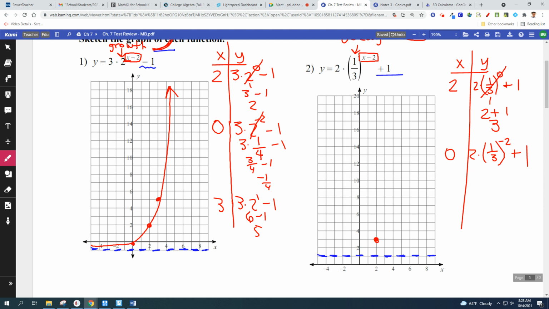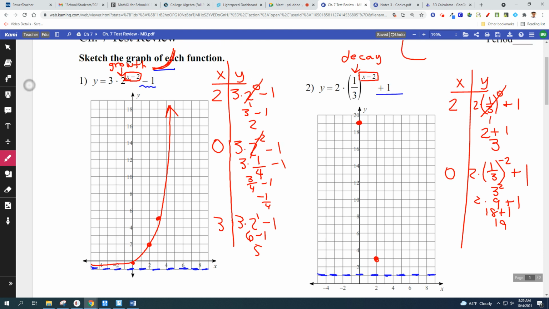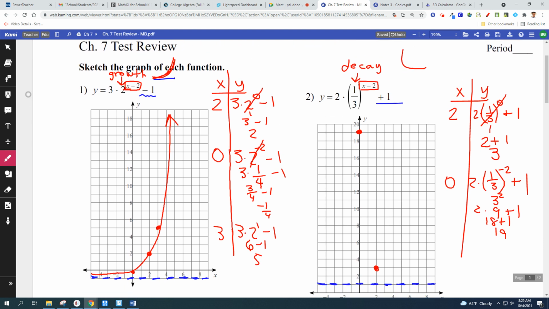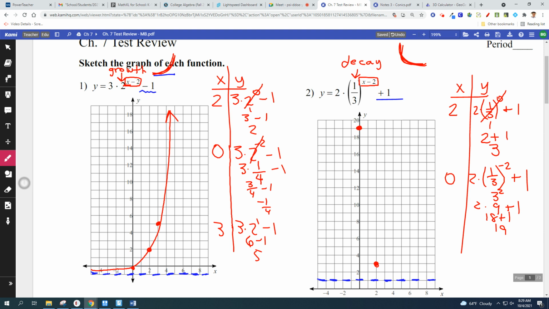So if I flip that, it's going to turn into 3 squared, which is 9. 2 times 9 plus 1, that's 18 plus 1 is 19. 0, comma 19 is way up there. And so we already kind of know what this looks like, right? We already know it's a decay. So it's definitely going to look like that. And our graph does look like that.